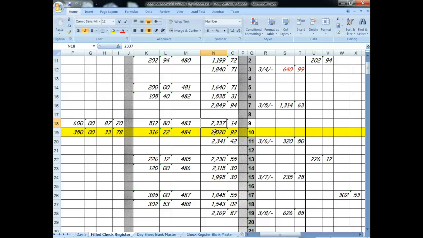And if it is not the number you have, it is because you did not put in the deposit from day 2, 3/5, of $1,314.63, added to the $2,849.94.